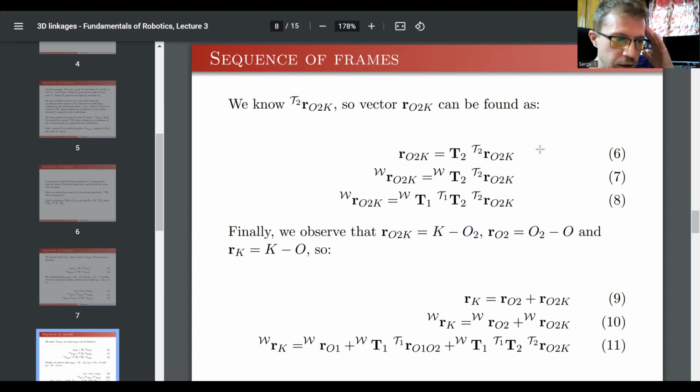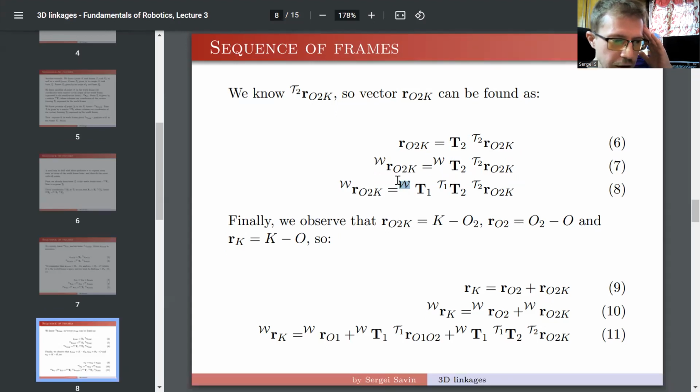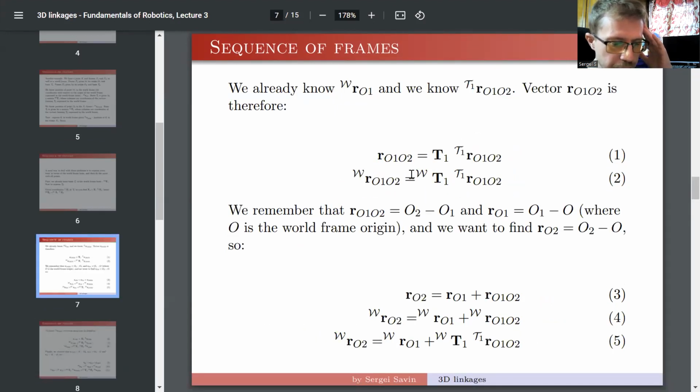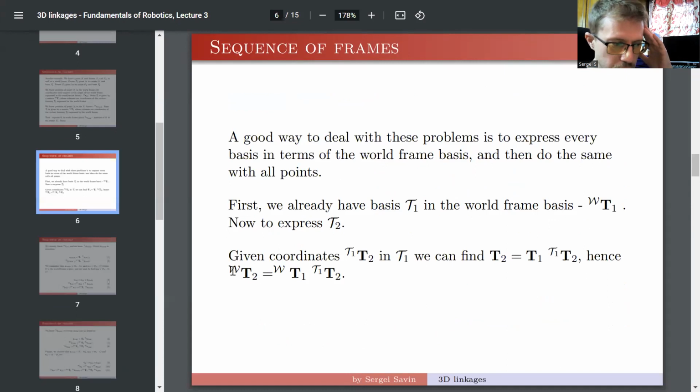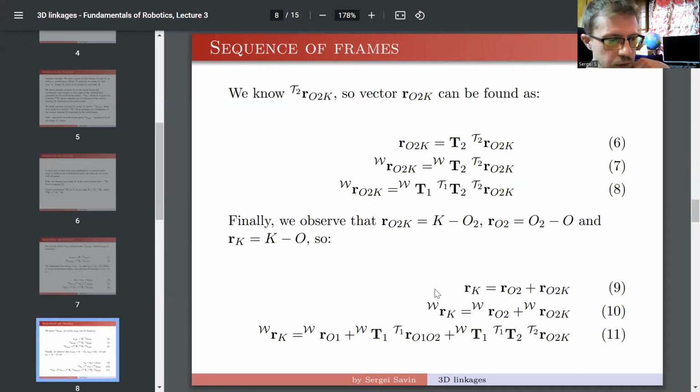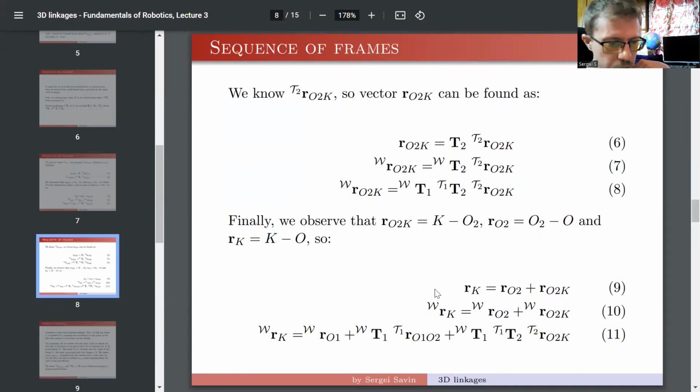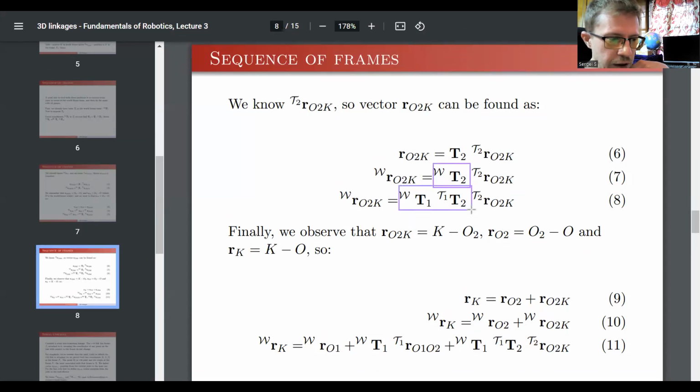Next, what we observe is that this guy, we found him last time, I think here. This guy is given like this.